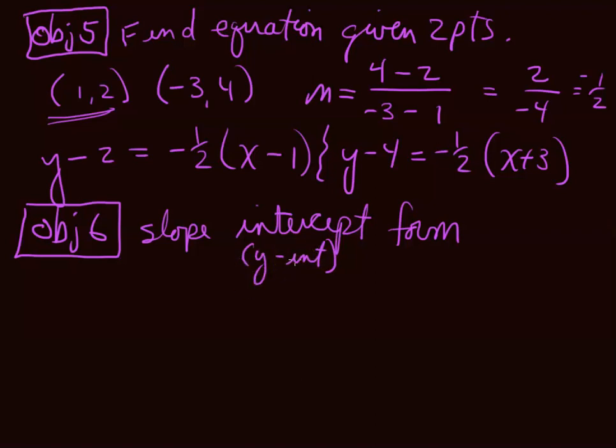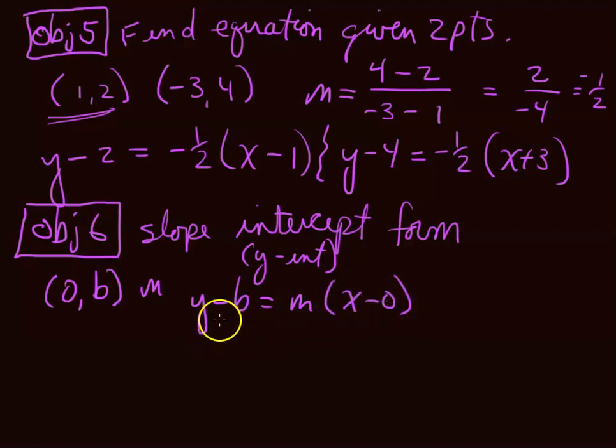So that's a special point for the point-slope form. If you wanted to, you could figure that out by supposing our point is 0, b, because this is the Y-intercept, and the slope is, of course, m. So it's y minus b equals m times x minus 0, or y minus b equals mx.